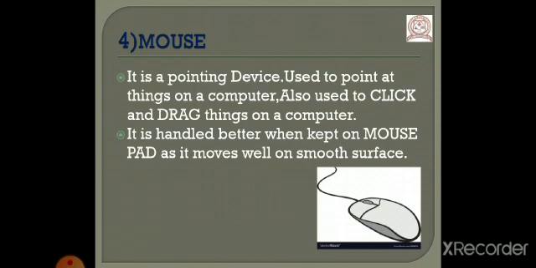The mouse is also used to click and drag things on the computer monitor. We can draw pictures too. A mouse can be handled better when kept on a mouse pad, as it moves well on a smooth surface.